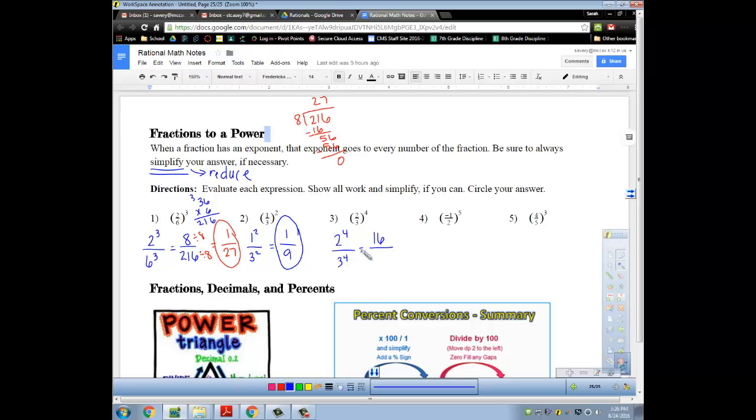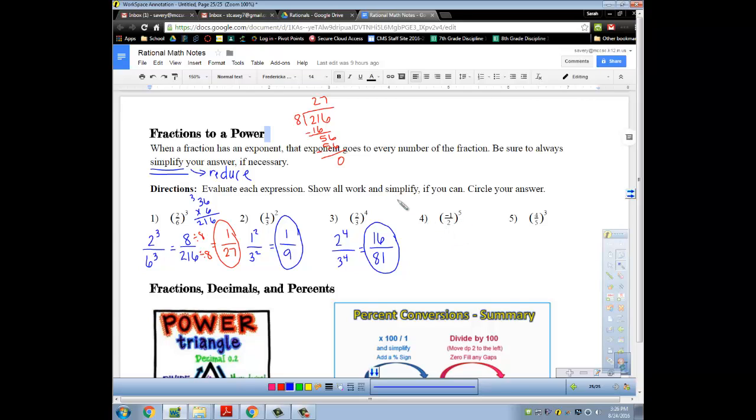And 3 times 3 is 9, times 3 is 27, times 3 is 81. So 16 over 81 cannot be reduced. You will only be able to reduce these if your first fraction, this 2/3, could also be reduced, which it can't.